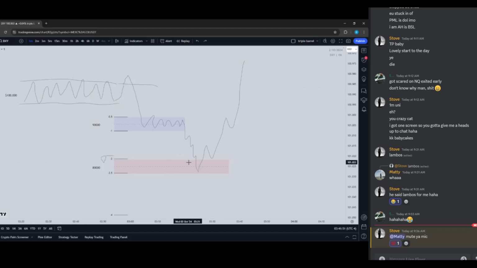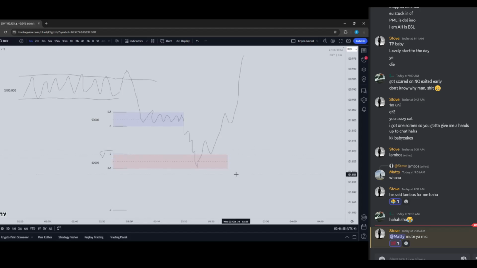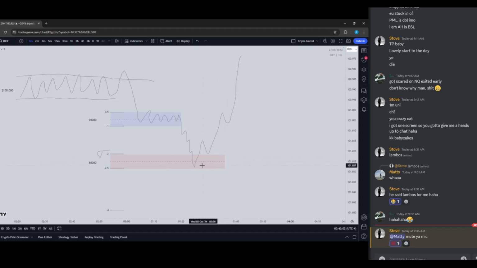So the reason you see such success with 2 to 2.5 standard deviations is because we're so far away from the mean that a lot of the data that's happening now is considered an outlier, and therefore the algorithms have been told to execute and offload at this level, right?